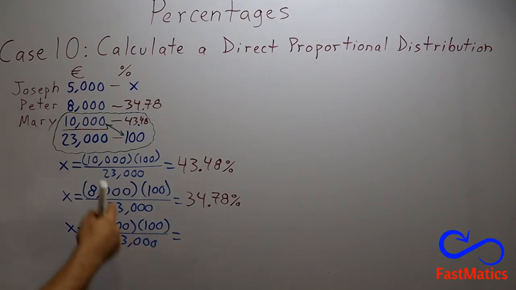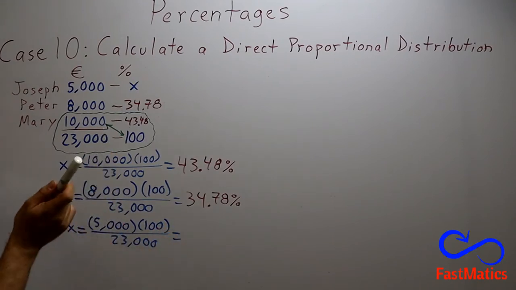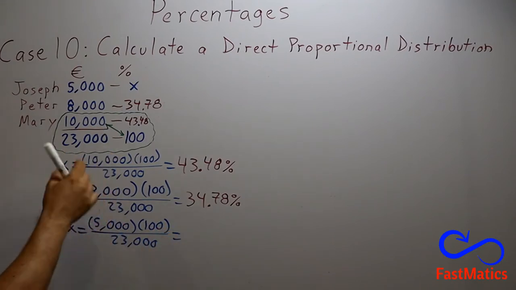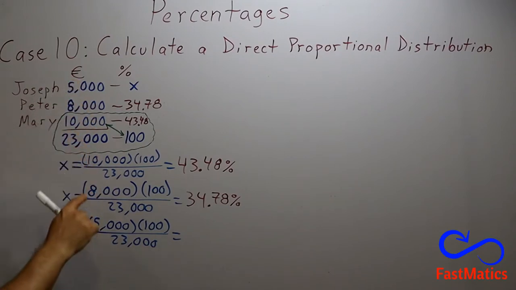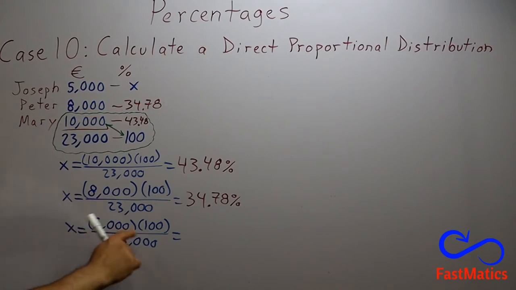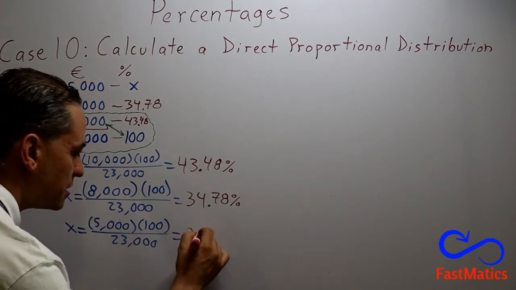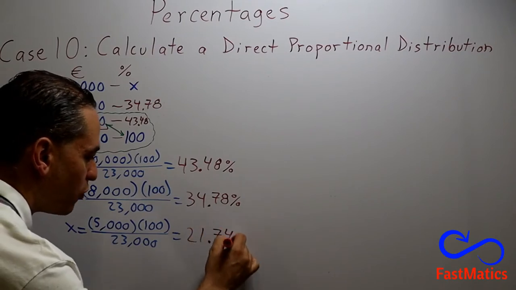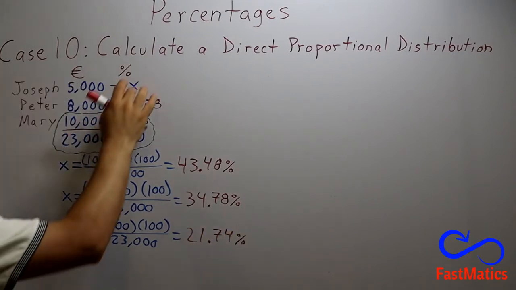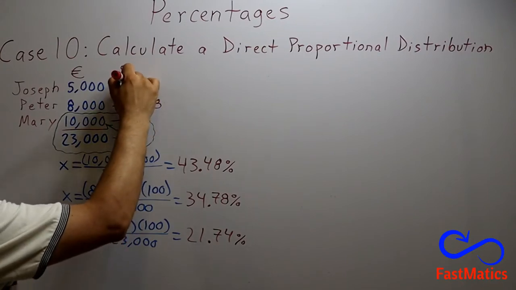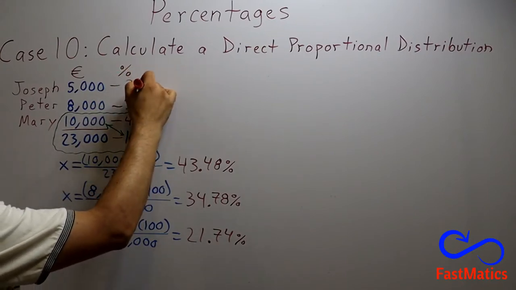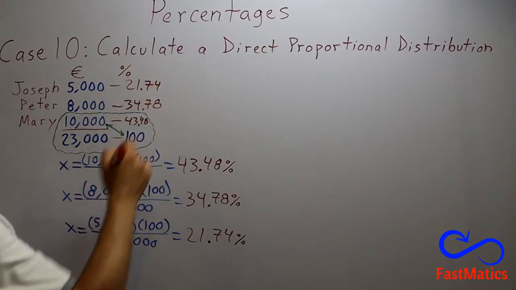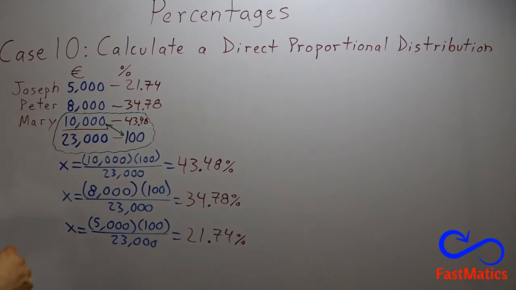If you see it is the same, you are going to just change the numbers: 10,000 for Mary, 8,000 for Peter, and 5,000 for Joseph. And the answer is 21.74%. Then we can say that Joseph is investing 21.74% of the money.